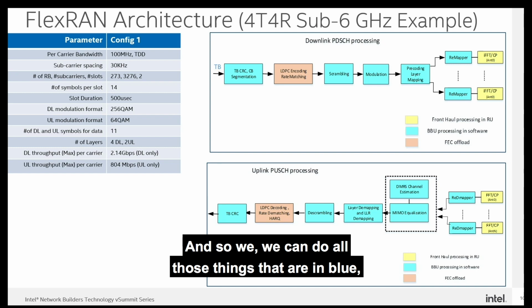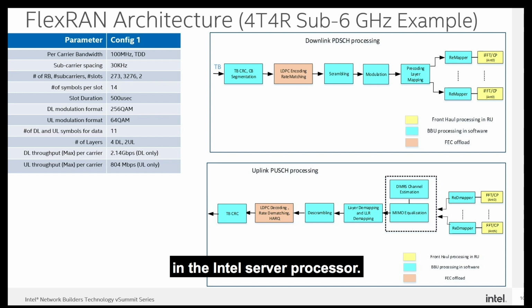We can do all those things that are in blue in the Intel server processor, and then we offload the little bit that is in the tan or brown color.